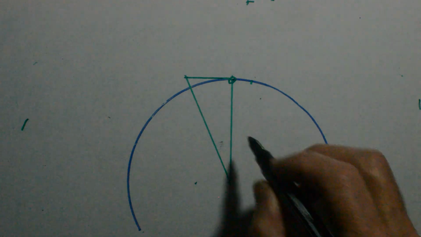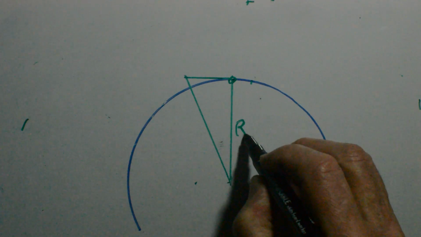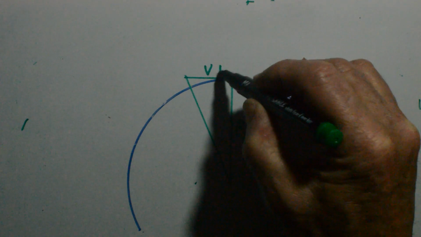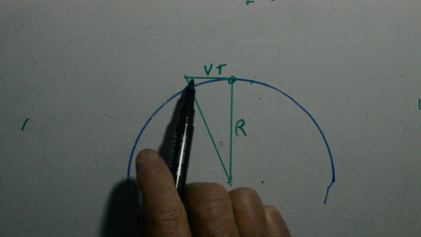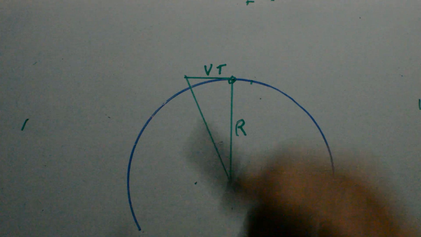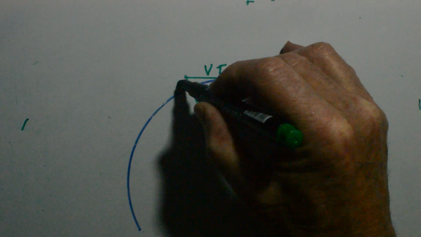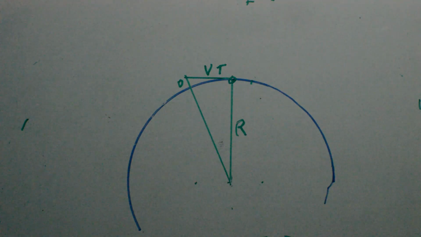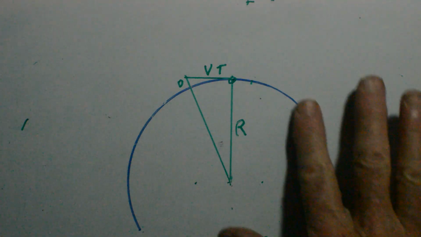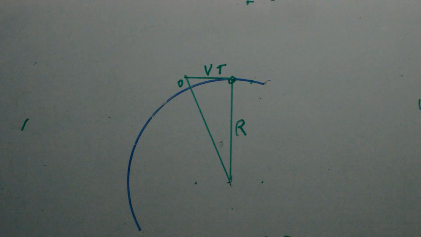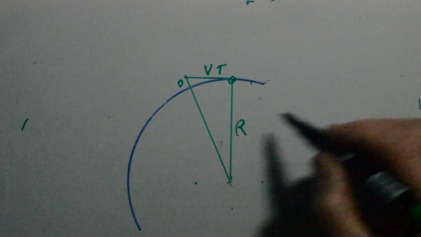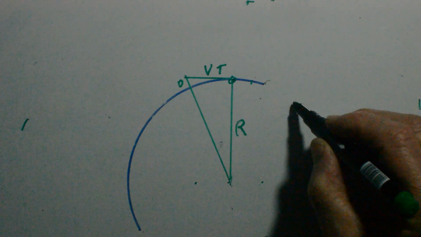So this is r, the radius of the circle. This, we're going to call vt, is the distance, velocity times t. And we're going to call this little piece down here d. So now we can work out some equations here.